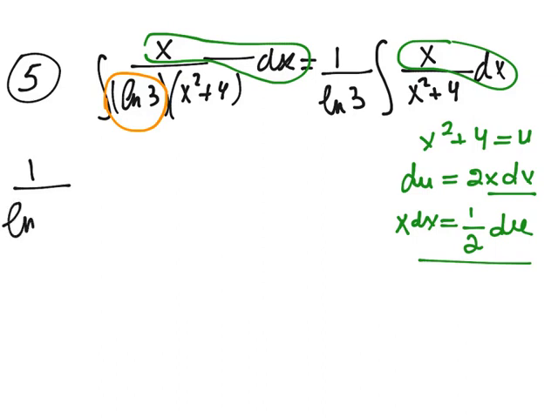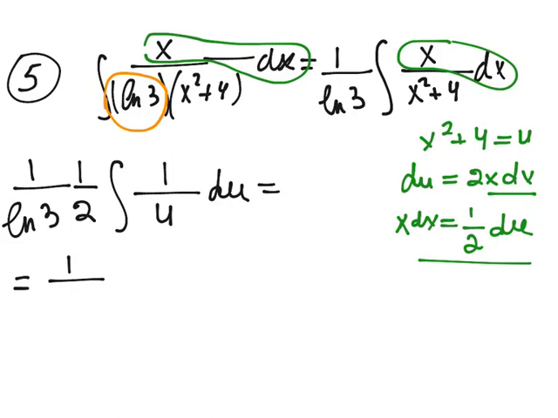Now let's write our new integral. 1 over ln 3 integral. Now x dx, we said it is 1 over 2 du, but you know what? Let me put it first. Okay, so all I have left here is du. Now 1 over x squared plus 4 we replace with u. Now we can solve this.